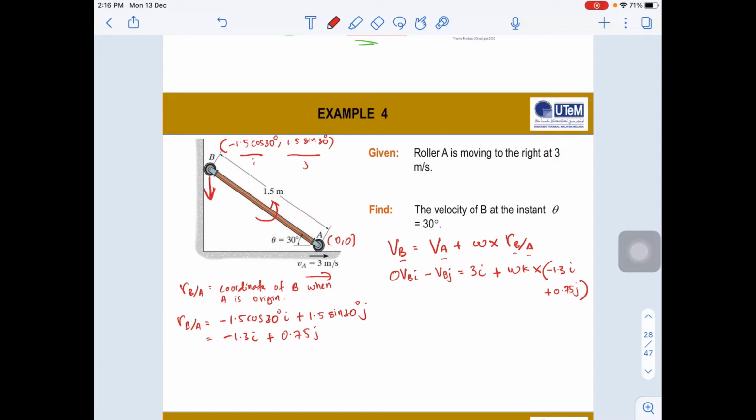The 0 has no meaning, so you are left with minus VBJ equals 3I plus K times I terms.